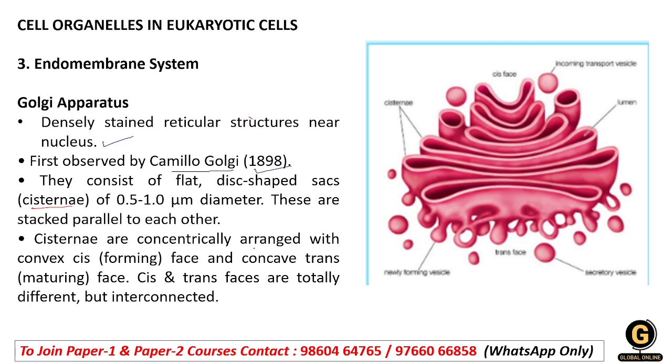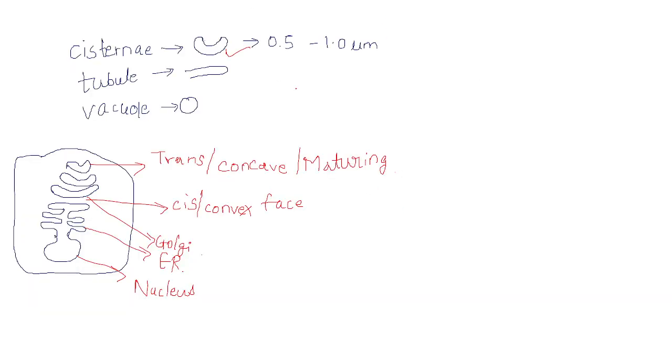Cisternae are concentrically arranged with the cis convex forming phase and the concave trans maturing phase. Cis and trans phases are totally different but interconnected. Interconnection दिसतंय स्टुडंट्स यात? येस. The one close to the ER is called the cis forming phase, and away from the ER is called the trans forming phase.